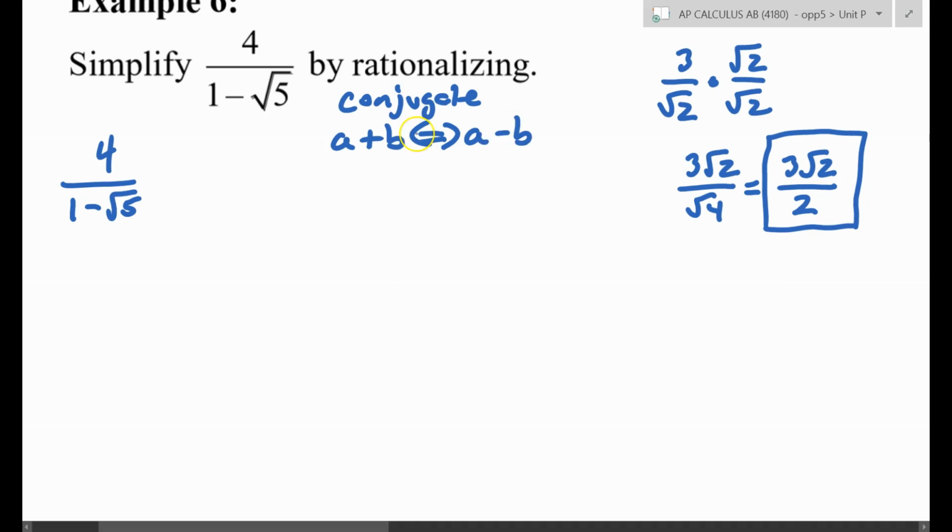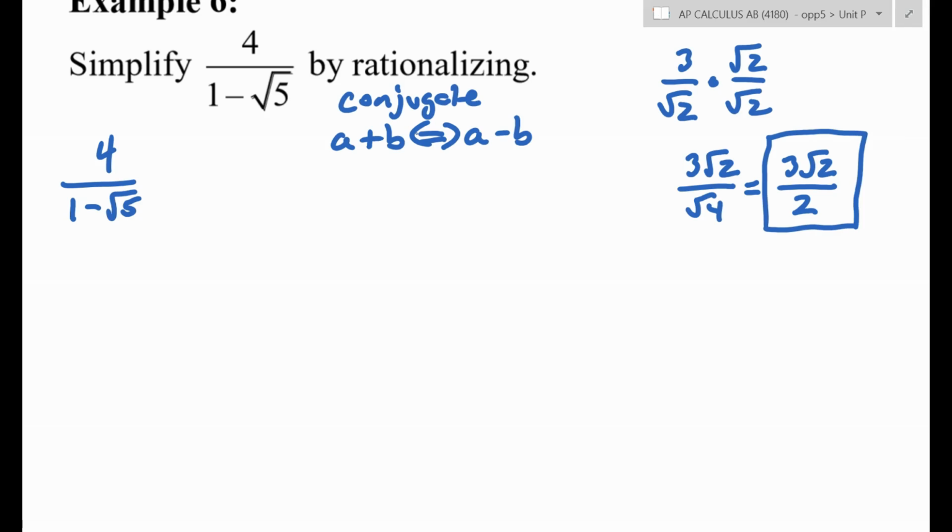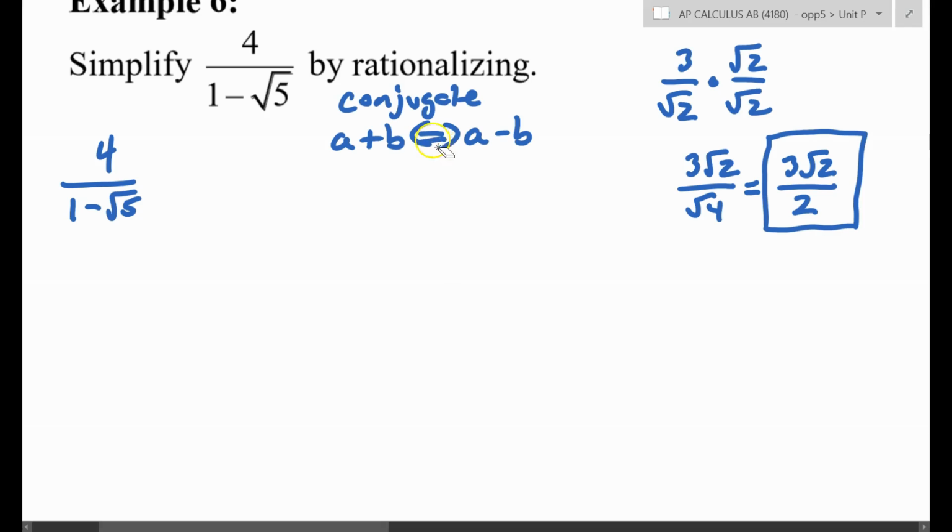So all I have to do is change the sign of the thing in the middle, not both, right? A lot of people will say I'm supposed to change both signs. I don't know. I'm trying to draw something there. It's not working. Conjugate. A plus b and a minus b.